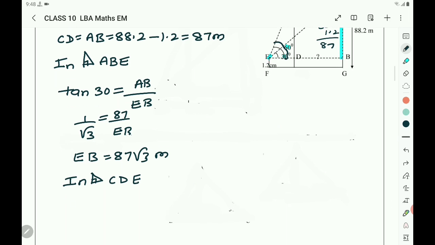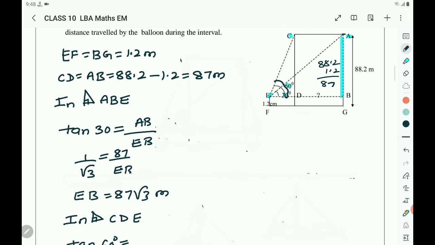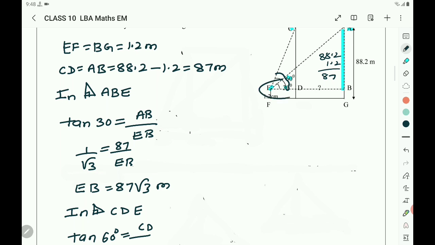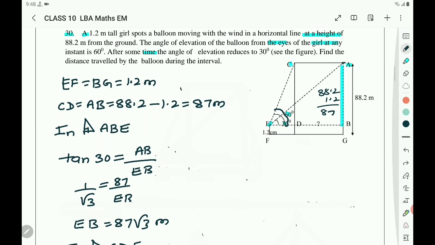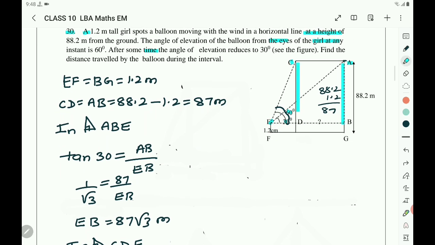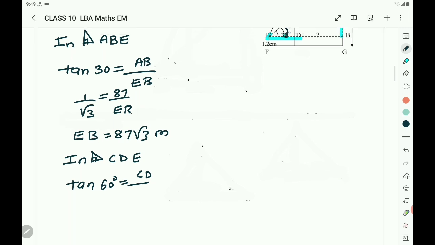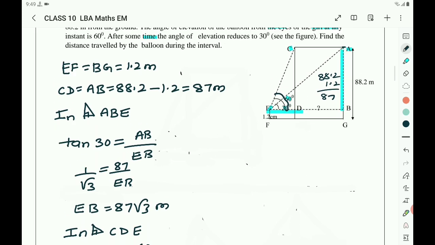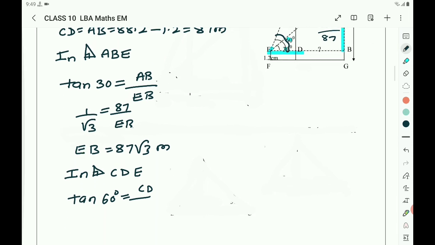So that is tan 60 equals opposite side CD by adjacent side ED, equals CD by ED.